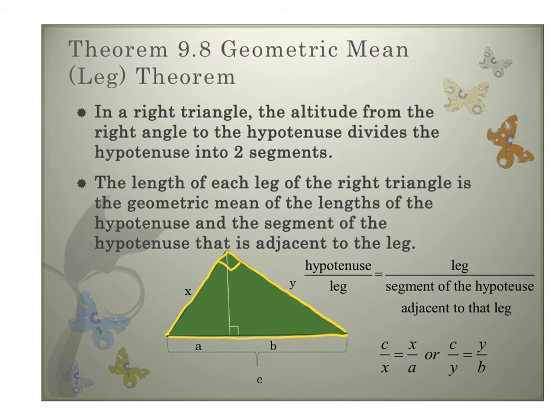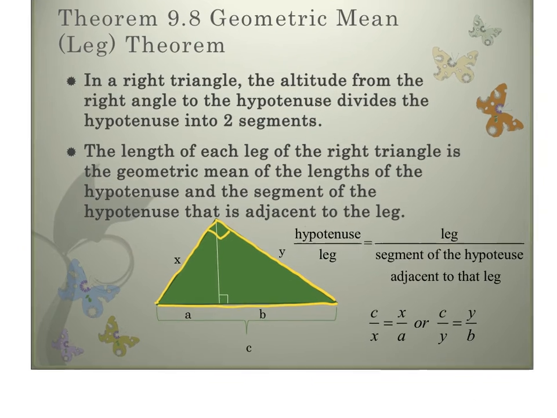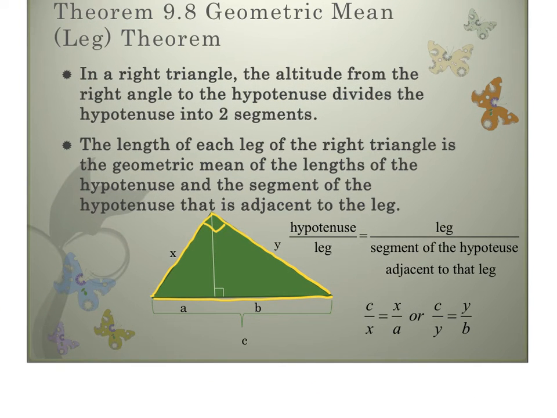Here, the length of each leg of the right triangle is the geometric mean of the lengths of the hypotenuse and the segment of the hypotenuse that is adjacent to the leg. I like to call this segment of the hypotenuse adjacent to the leg the SOHAL, my acronym for what's going to go here.